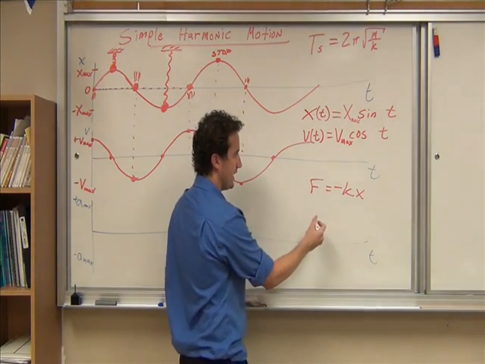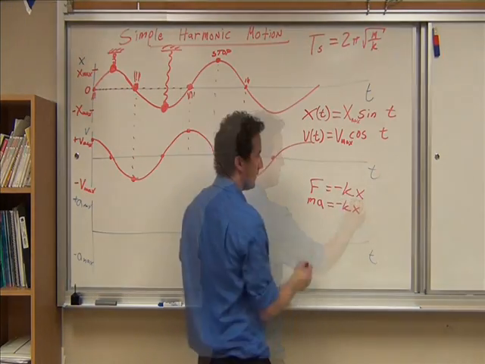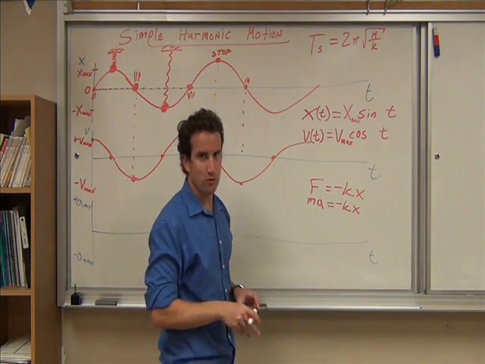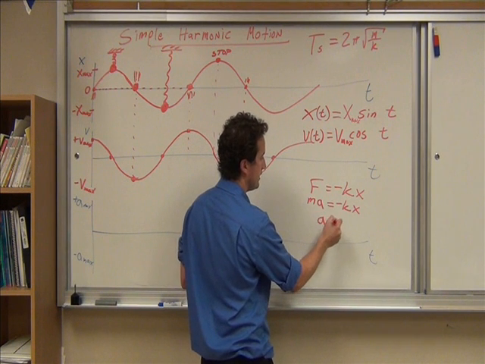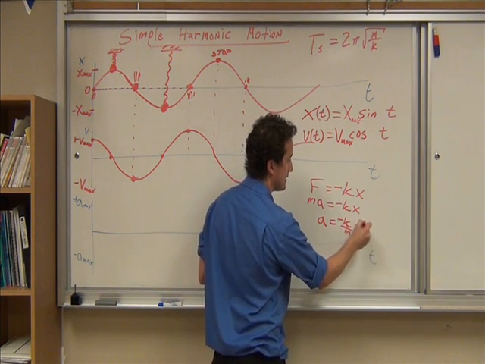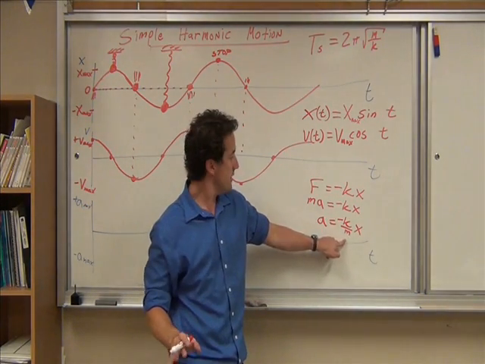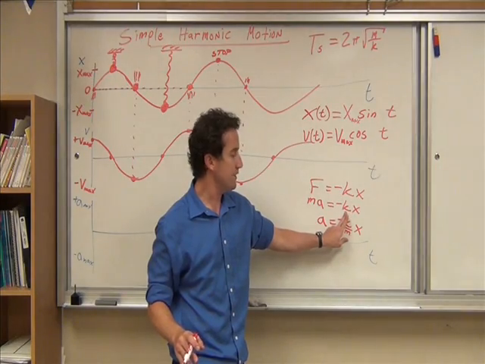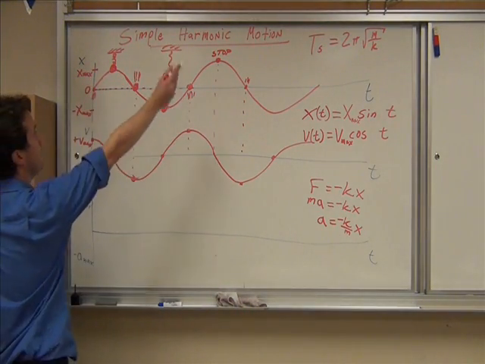If F equals negative kx, then ma is negative kx. If the spring force is the net force acting on an object, in that case, the acceleration is negative k over m x. Negative k over m is a constant, so the acceleration will look like negative x. The acceleration will look like a negative x.